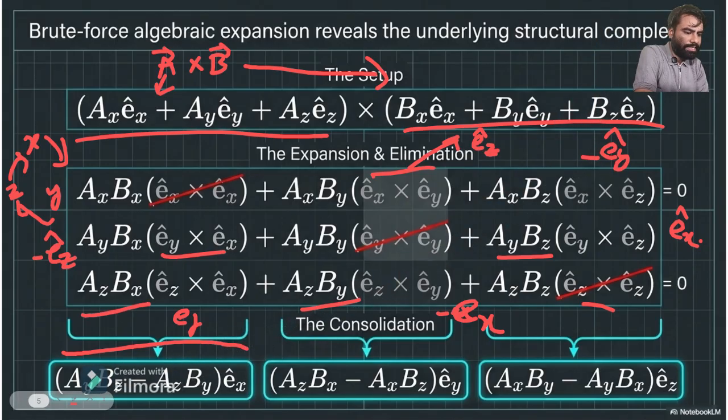That is Az Bx minus Ax Bz. That is the Y component. In the same way you can find the Z component: Ax By minus Ay Bx. So we get the cross product, and that is a hectic and long process to find the solution of the cross product.